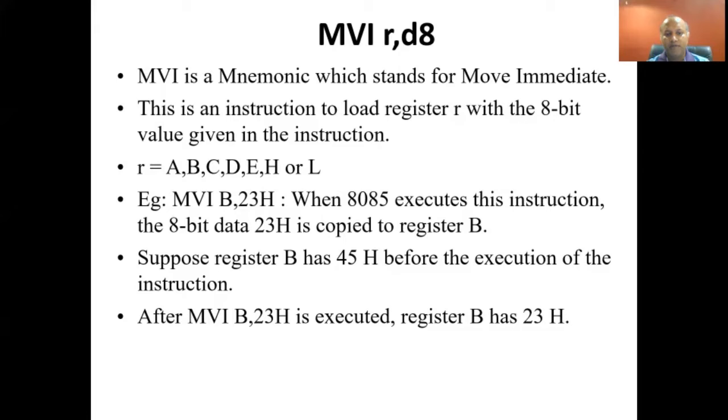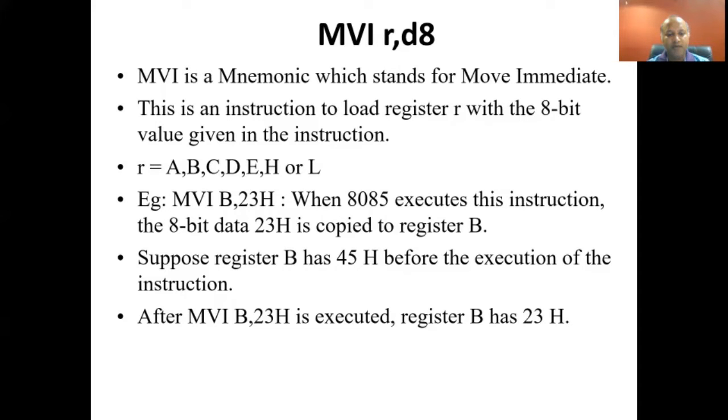When 8085 executes this instruction, the 8-bit data 23H, which is given in the instruction, is copied to register B.